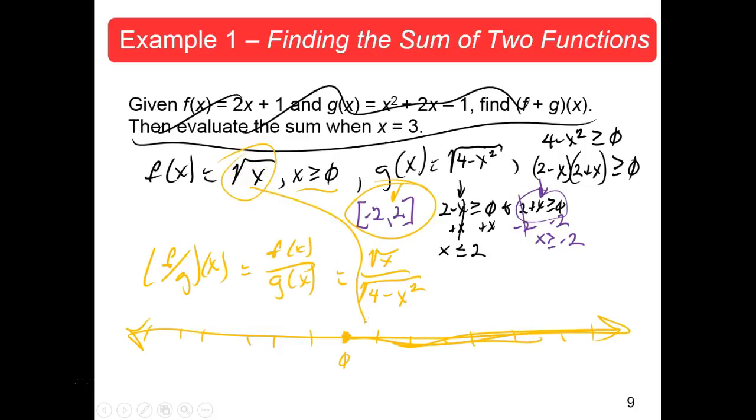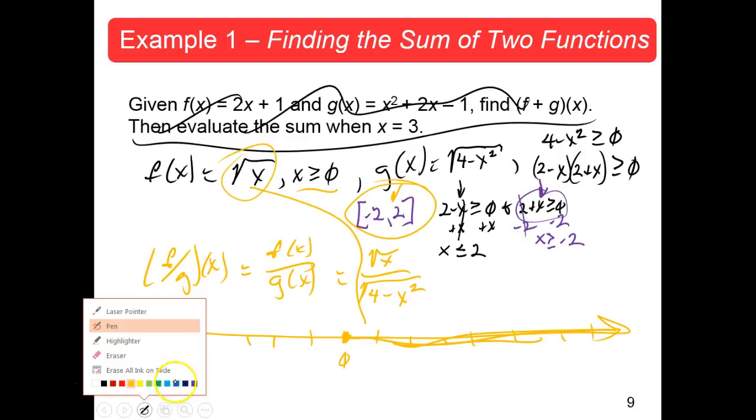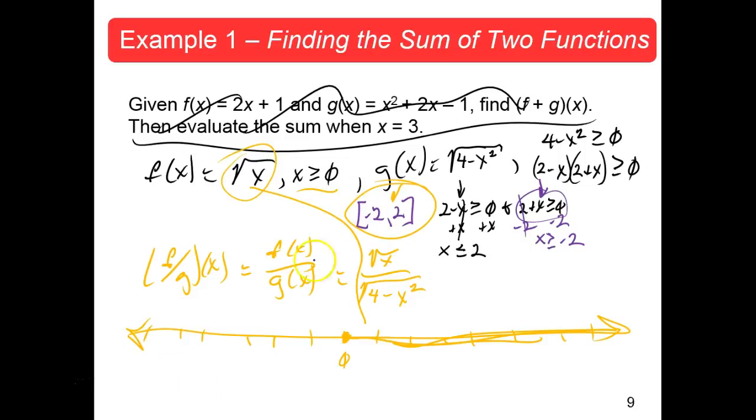What was our domain of g? I want to go back to the purple. Domain of g was from negative 2 to positive 2. Now, what do those have in common? You want me to answer?